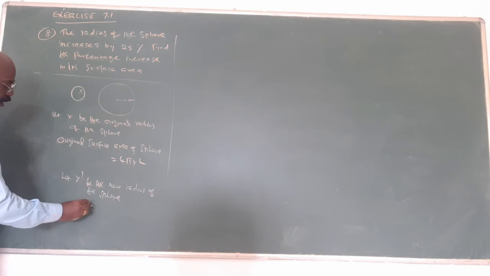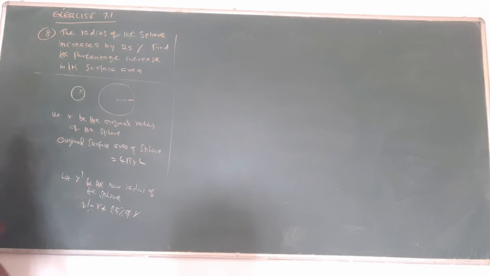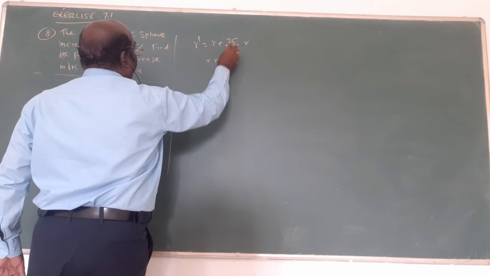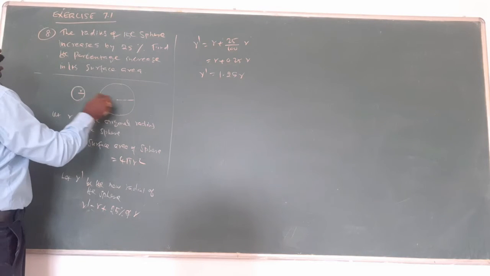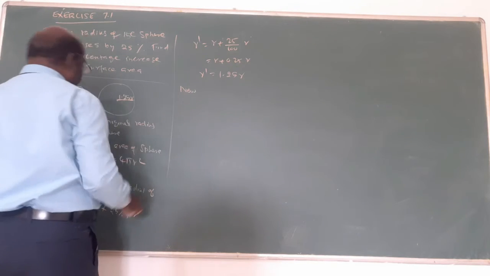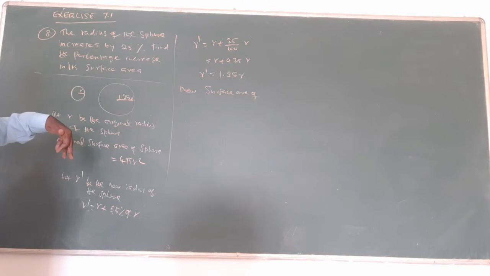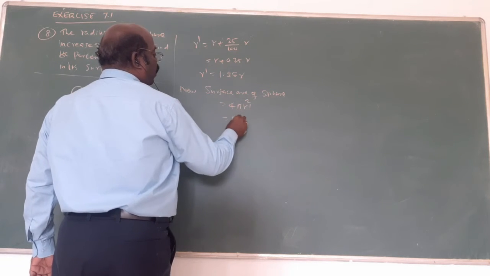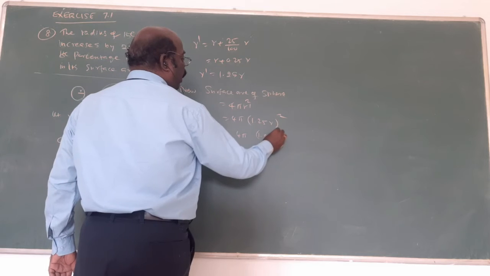That means R dash is equal to the original R plus 25 by 100 into R, that is R plus 0.25 R, adding up to 1.25 R. Here the original is R, now after 25% increase it is 1.25 R. Now the new surface area of the sphere, after increasing the radius by 25%, is equal to 4 pi R dash square, that is 4 pi into 1.25 R whole square.